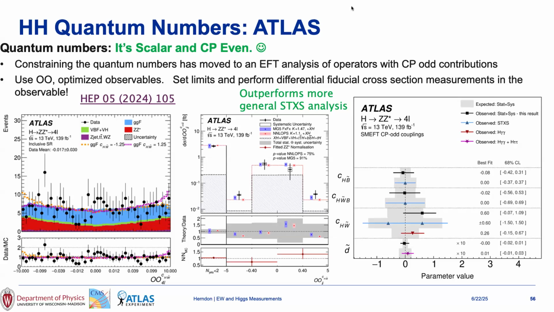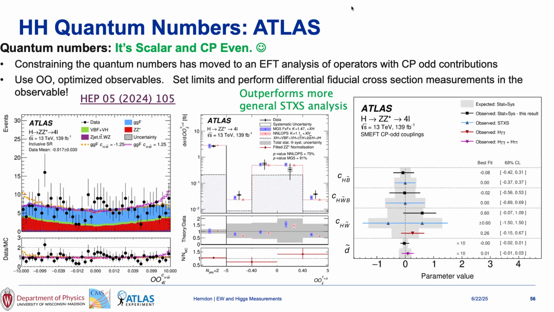And particularly nice is that the authors of this analysis did not just do a search for new physics, but they also made a cross-section measurement, something that can then be compared to any theory that's not specific to a specific EFT operator or a specific theory, optimizing for that.